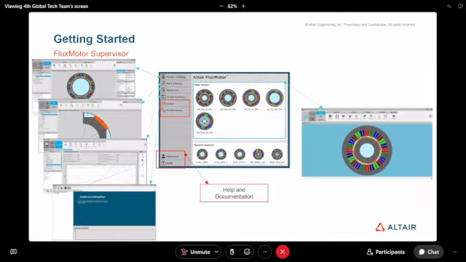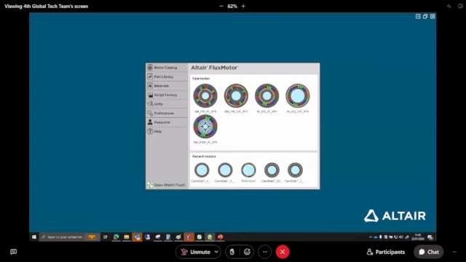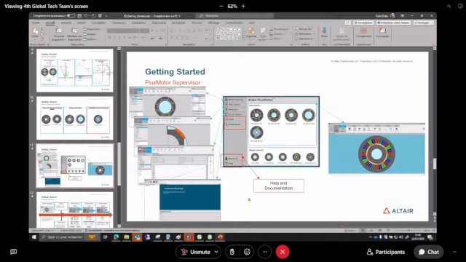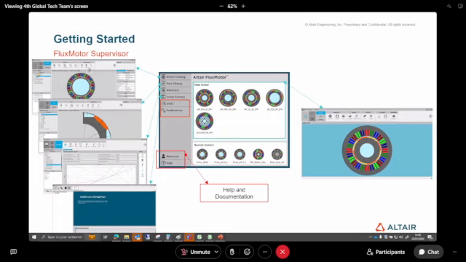Okay, so if you follow the introduction training within Flux Motor, you will see that you start with the supervisor, which is this one. And then you have the motor catalog, where you can create your own project depending on the specification you have.